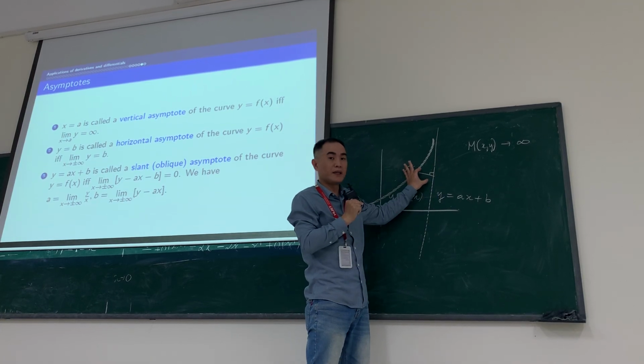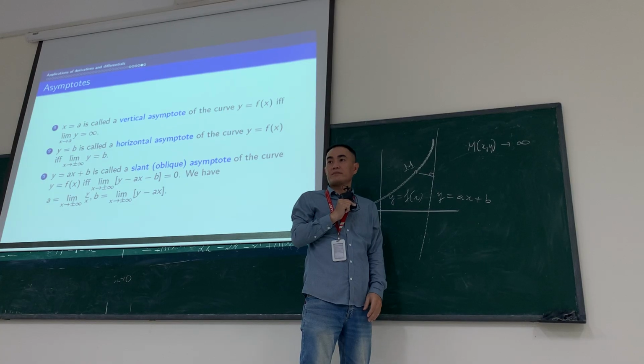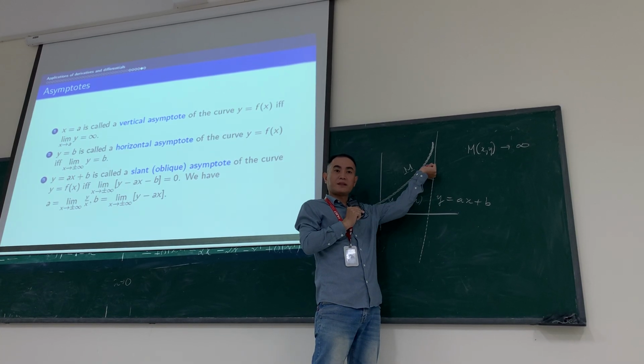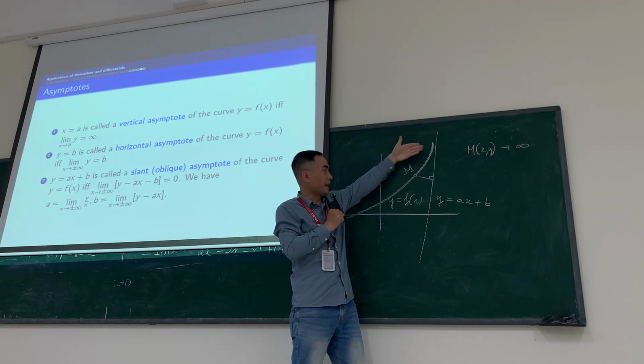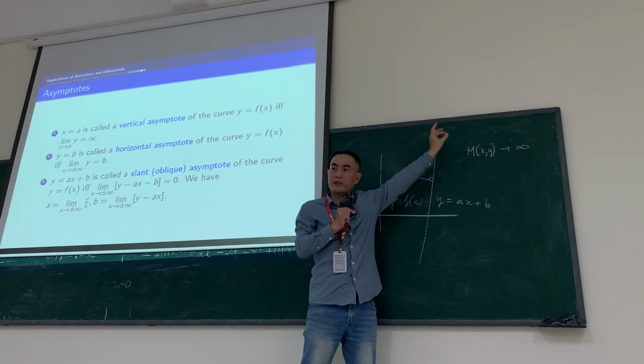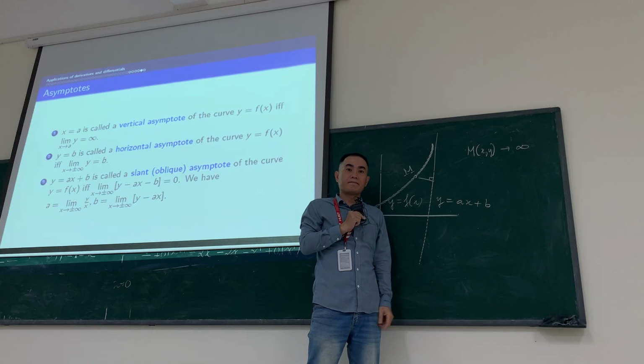That means the distance between the curve and the line tends to 0 when M tends to infinity.